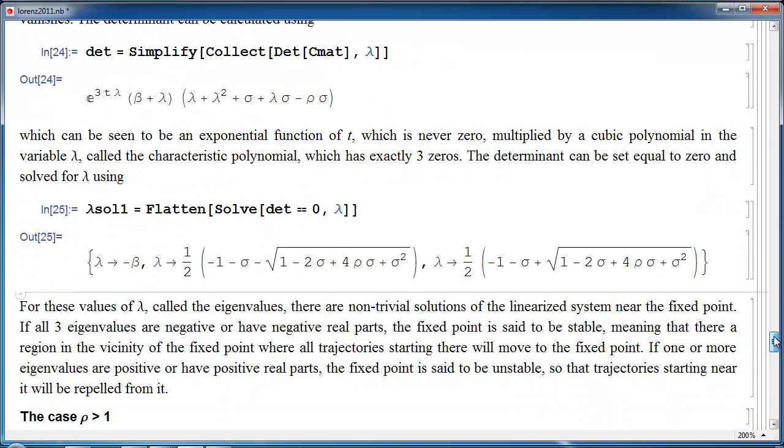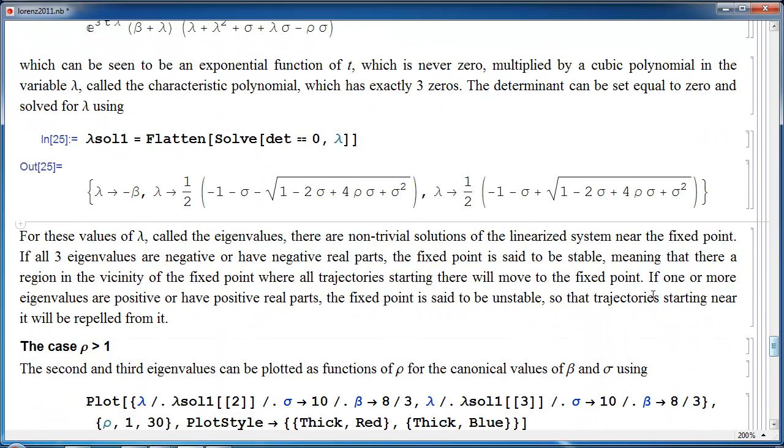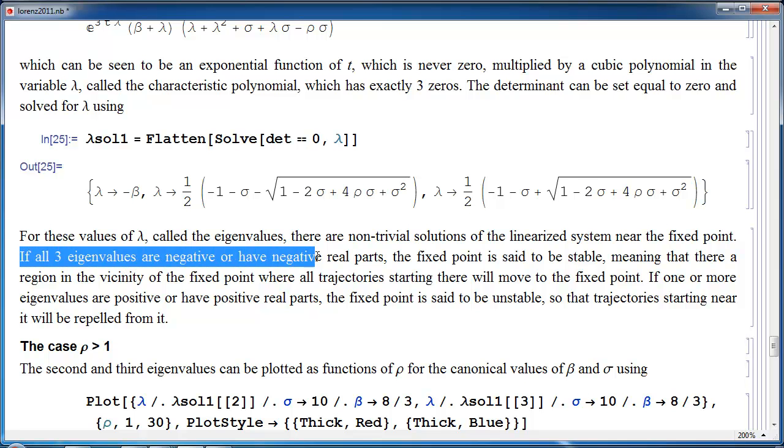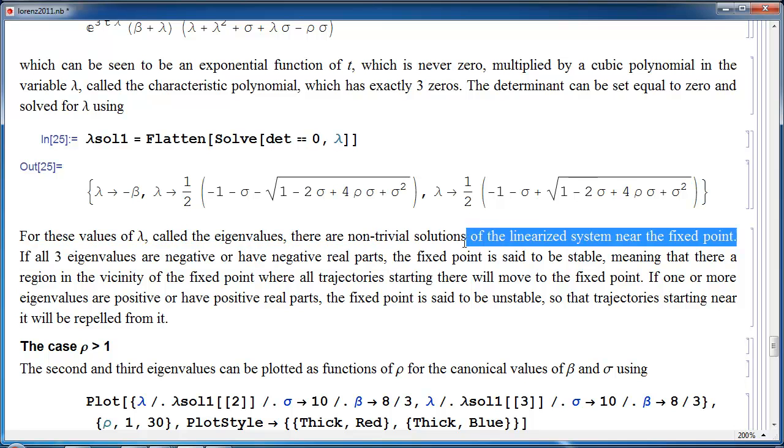And there are a couple of cases actually. We need to look at this for a bit first. If all three of these values of lambda, which are called eigenvalues, are negative or have negative real parts, the fixed point will be stable.